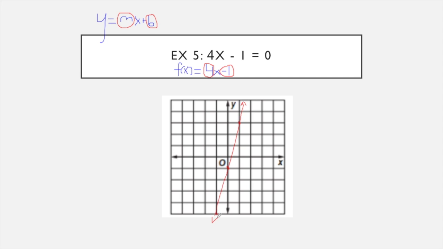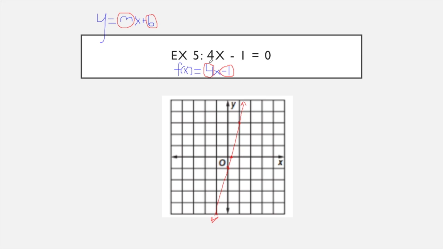Good. So what is this value going to be? Well, we see that it's between 0 and 1, so we know it's going to be a fraction. So that's that 0. By graphing, we know that this 0, this x-intercept, is going to be between 0 and 1.